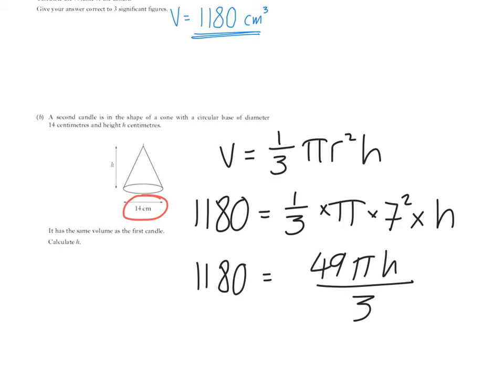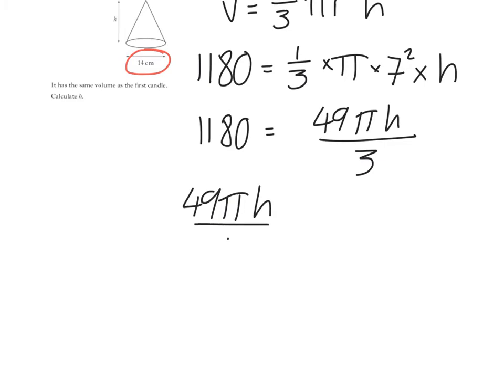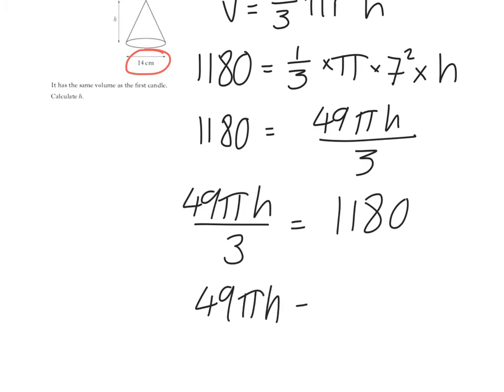We flip this around so that we get h on the left hand side: 49 pi h over 3 equals 1180. Taking the 3 onto the other side gives us 49 pi h equals 1180 times 3.